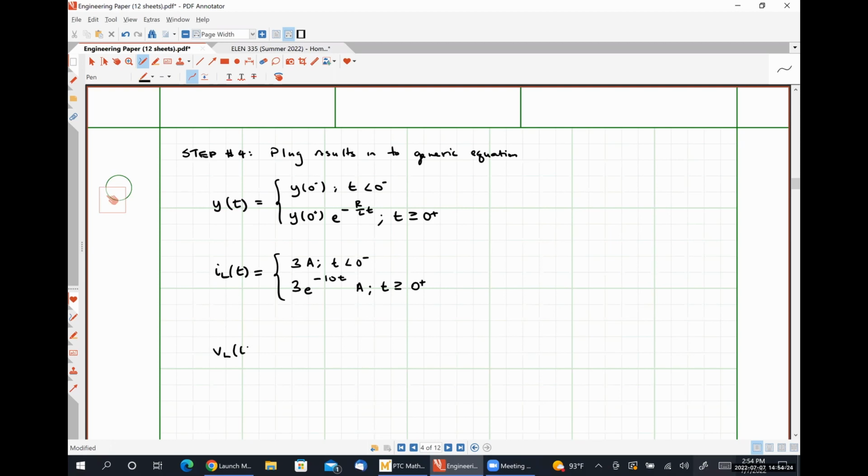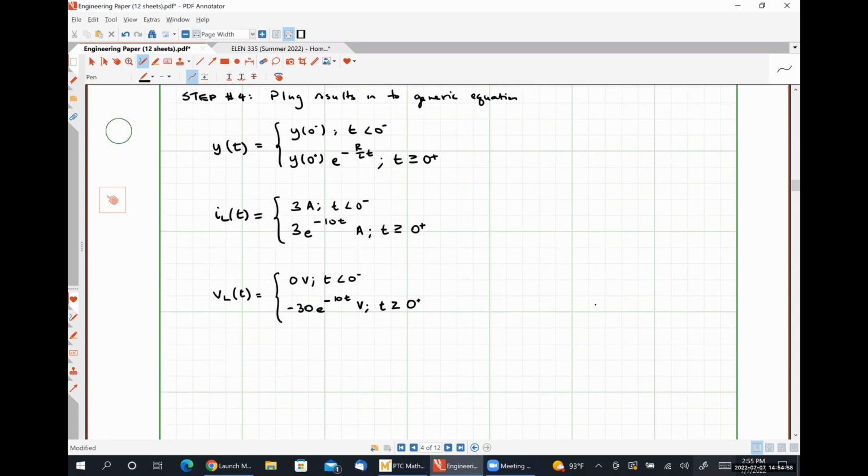For our inductor voltage, at t equal to 0 minus, our voltage was 0 volts. At t equal to 0 plus, our voltage was negative 30 volts, times e to the negative 10t volts, for t greater than or equal to 0 plus.